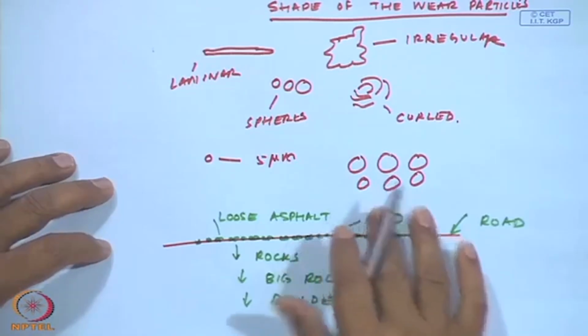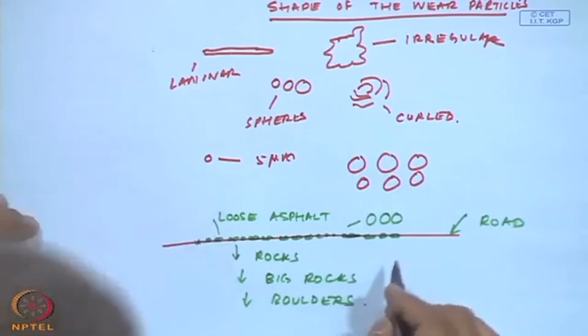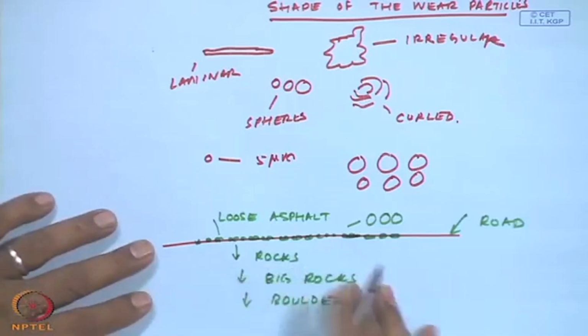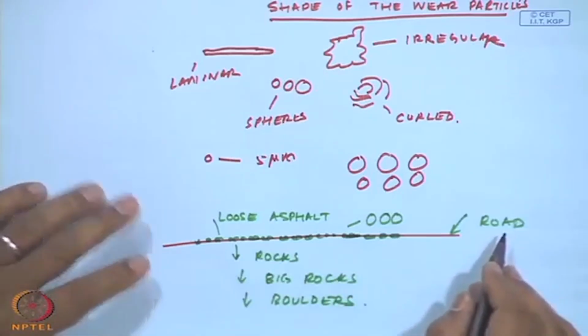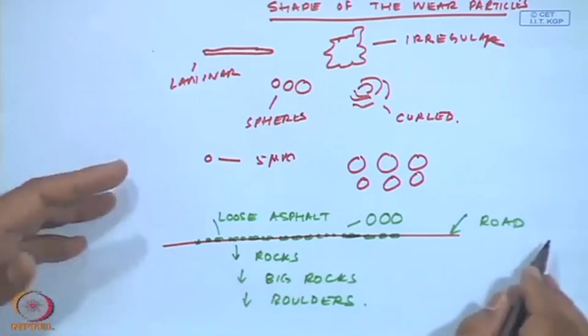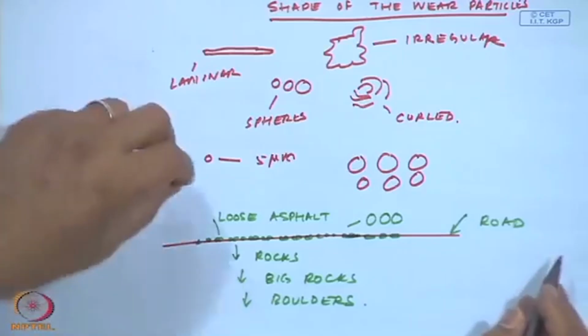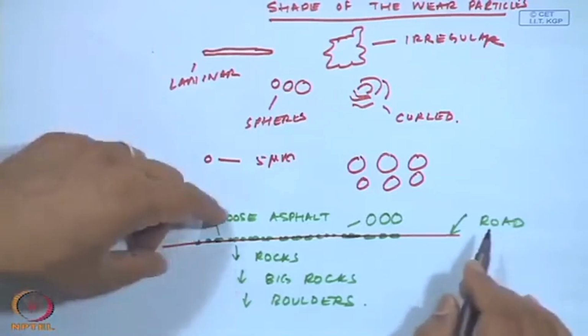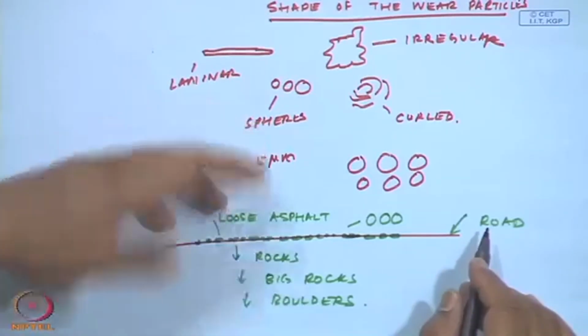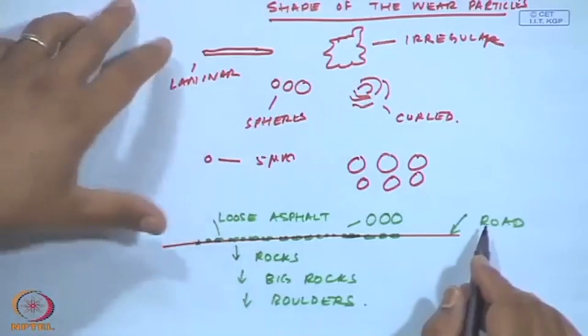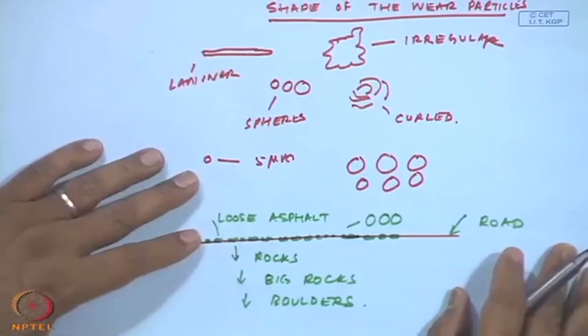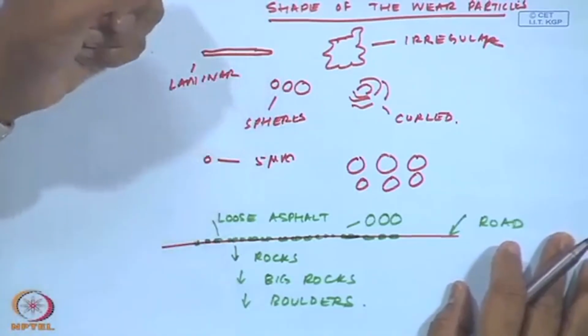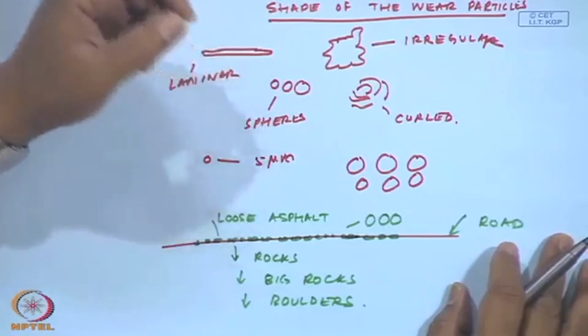If you do not treat this road, asphaltic road, no treatment is done, with time, because of weathering conditions, you will initially have loose asphalt coming out, then the gravels and the rocks, then the big rocks, followed by boulders. Okay. Similarly, the same thing happens in machines as well. You will have small strips coming out, small spheres coming out.